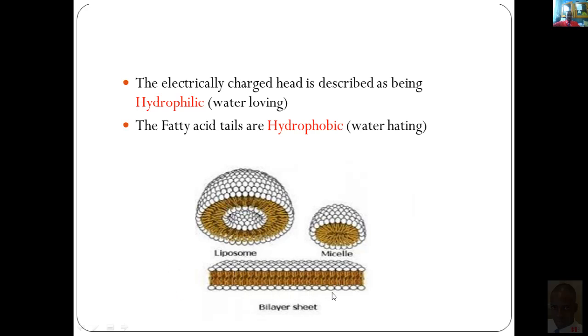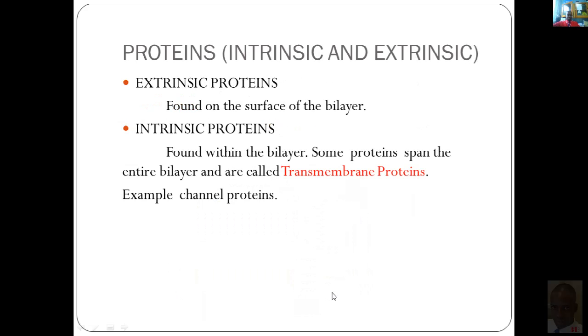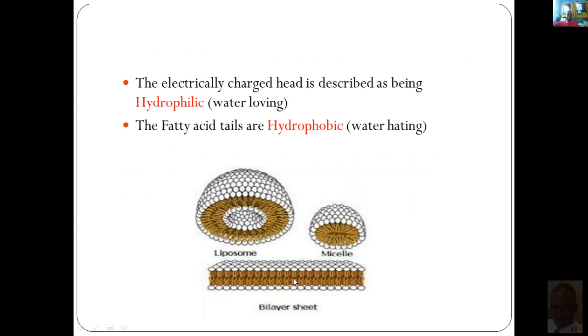So that's why, if you look at the liposome, micelle, and bilayer sheet, if you notice, the tails are all bundled together. So even in the bilayer here, you see the tails turn to each other in the center, and the heads point in the same direction. Good. So that's how we end up with a bilayer.